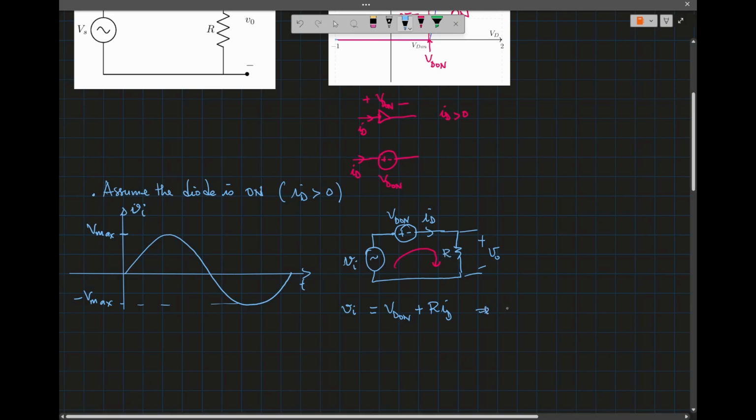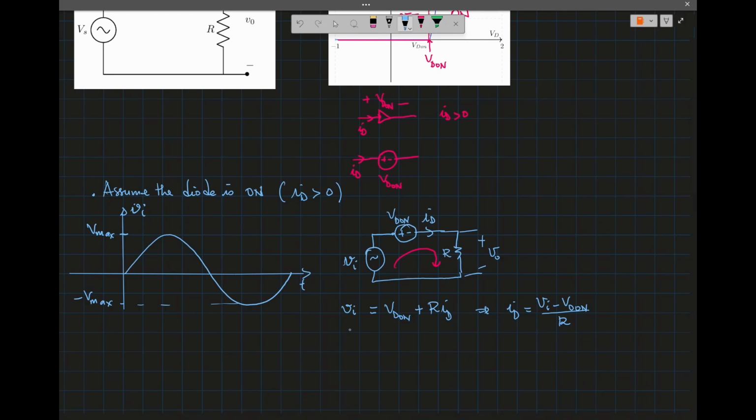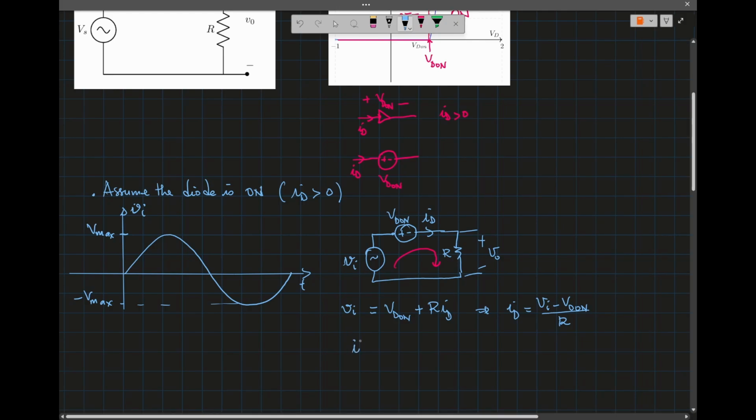So this implies that ID is equal to VI minus VD on, divided by R. So the condition or the assumption that we made at the beginning, saying that the diode is on, that means ID is positive.